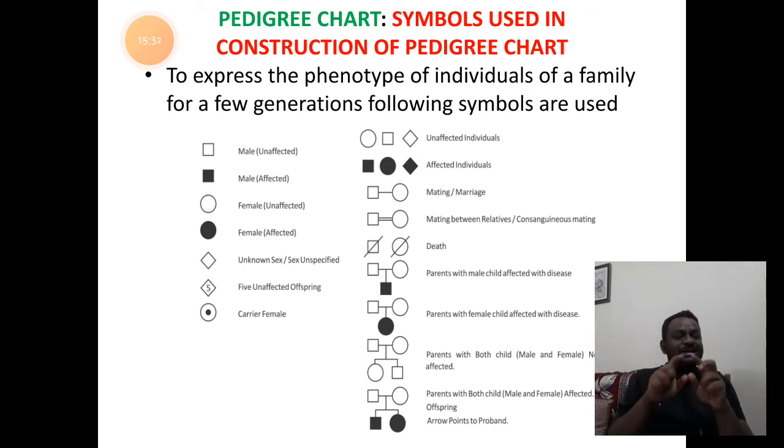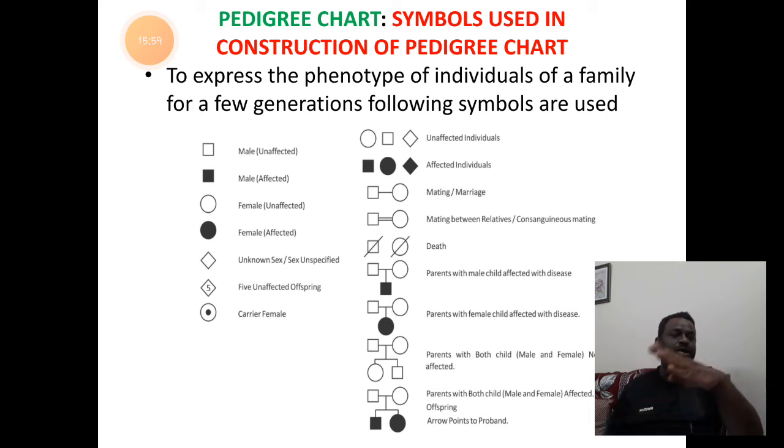When both are present in the X chromosomes, such females are called carrier females. Those individuals appear normal phenotypically, but genotypically they will be carrying the affected allele or the genic condition in them. This group of individuals can be called carrier females.